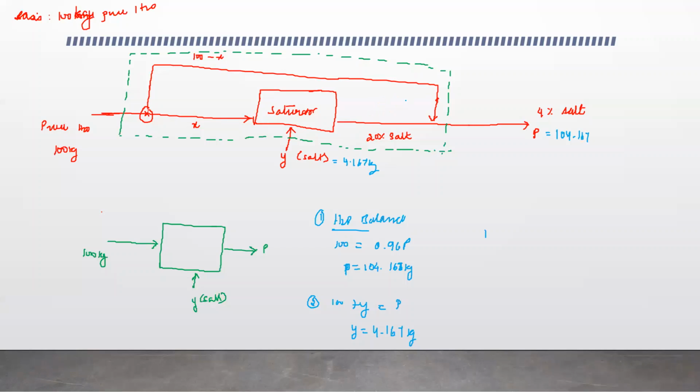Once we have got this Y, we are going to do a balance about the saturator. So I'm going to draw a block diagram for my saturator. In the saturator, I have X kg of pure water coming in, Y which is 4.167 coming in, and then let's call it P1 leaving with 20% salt.